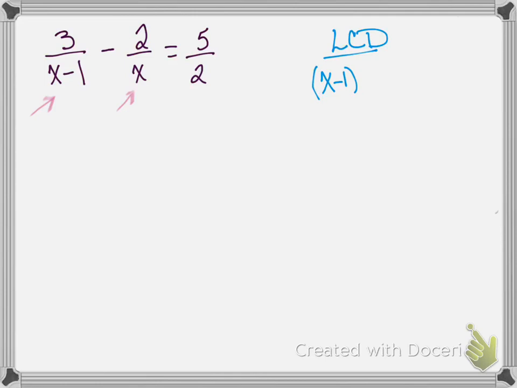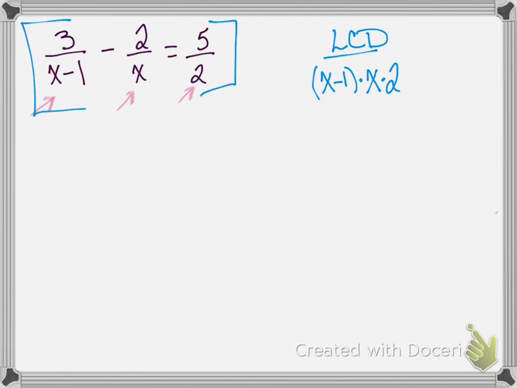It stays together. So I do have to write down a separate x. So I've got x minus 1 times x. And then I have to make sure the 2 is represented. So then I say times 2. So my LCD is x minus 1 times x times 2.